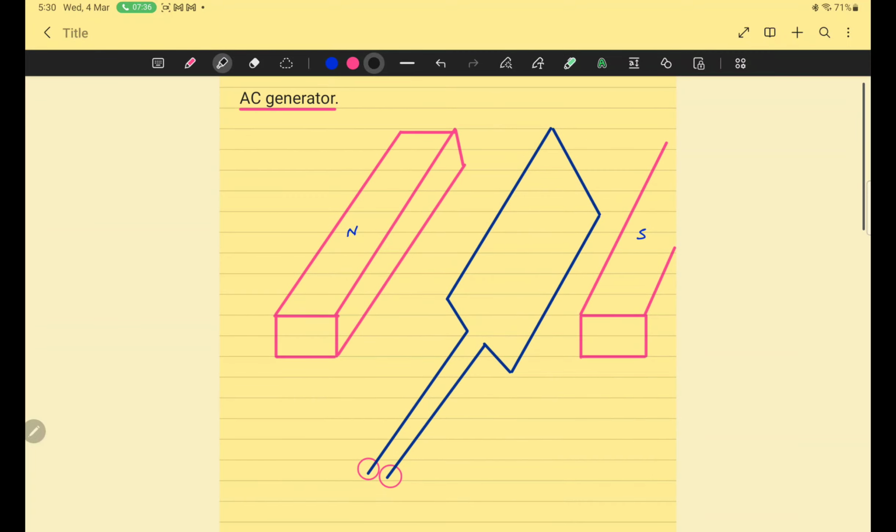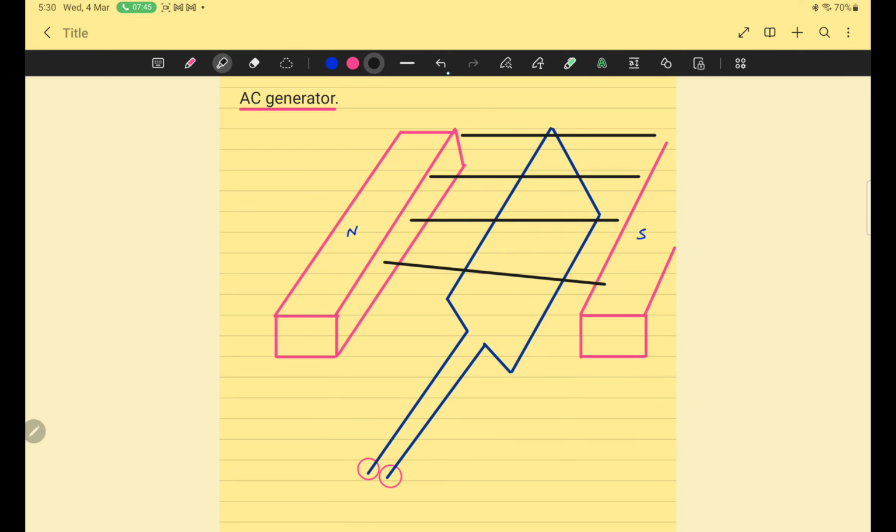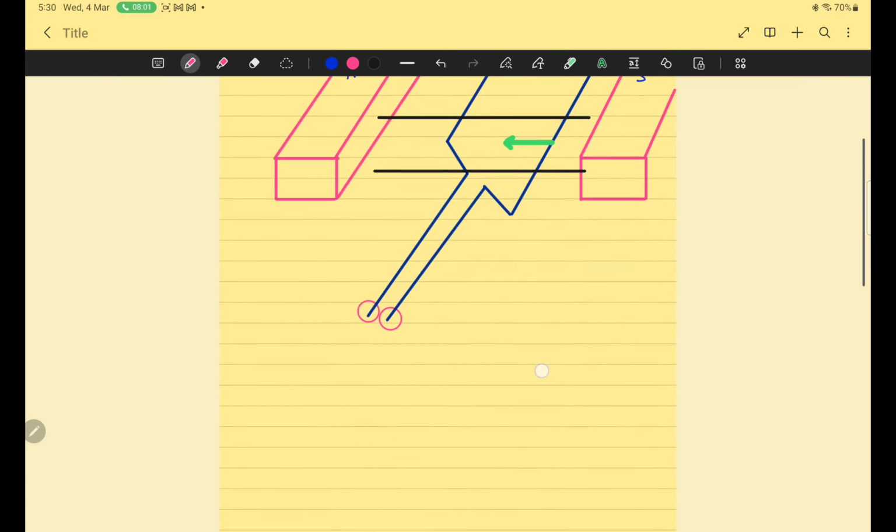So right now, the coil is vertical, and these are magnetic field lines. When the coil is vertical, the side of the coil is moving parallel to the field. And you know, if a side is moving parallel to the magnetic field, then no current is produced.